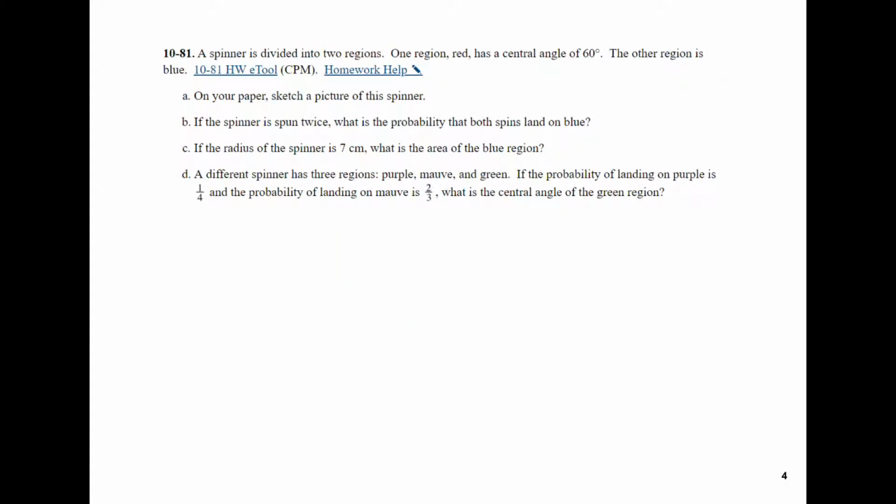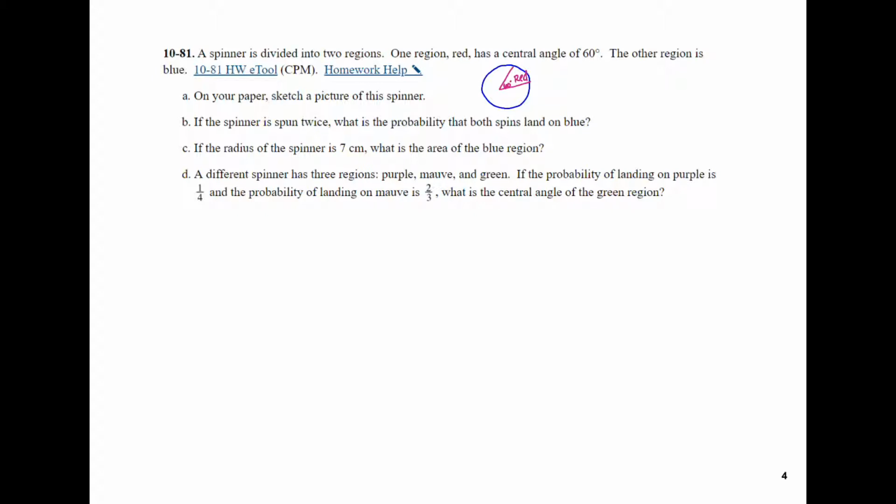10-81. A spinner is divided into two regions. One region, red, has a central angle of 60 degrees. The other region is blue. So if we sketch a picture of this on our paper, we have one region that is 60 degrees, and that is red.